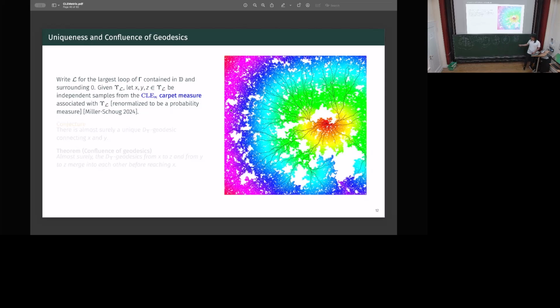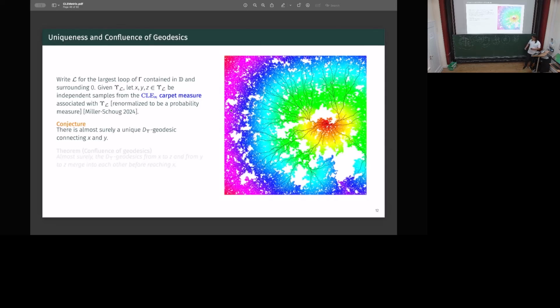And there's a very natural measure on this carpet constructed by Jason and Lucas. And so if you sample points using this measure, you can just view these points as typical points in this carpet. So now let's sample several points independently from this measure.